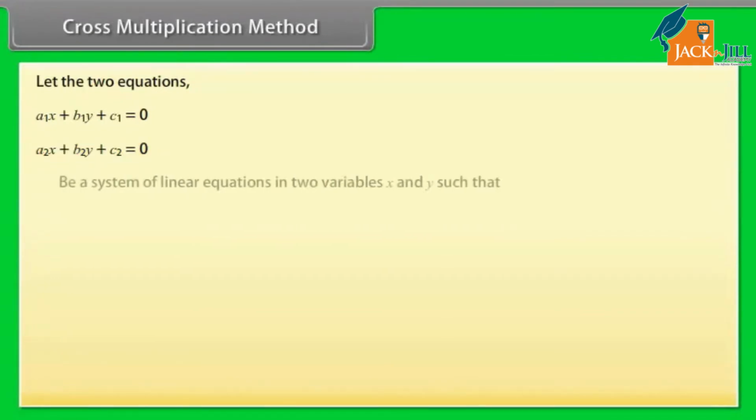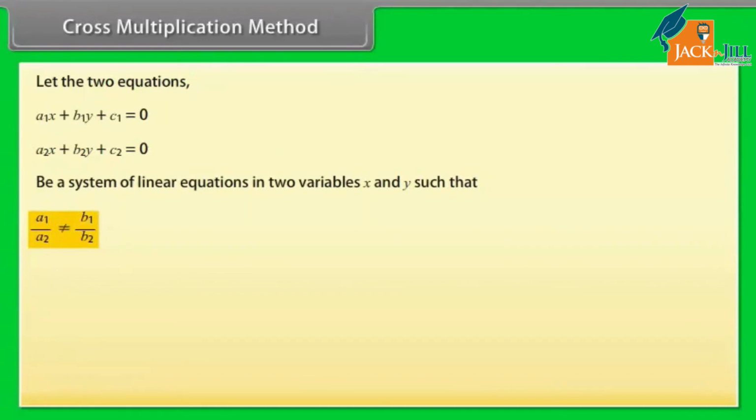Cross multiplication method. Let the two equations a1x + b1y + c1 = 0 and a2x + b2y + c2 = 0 be a system of linear equations in two variables x and y such that a1/a2 is not equal to b1/b2. That is, a1b2 - a2b1 is not equal to 0.